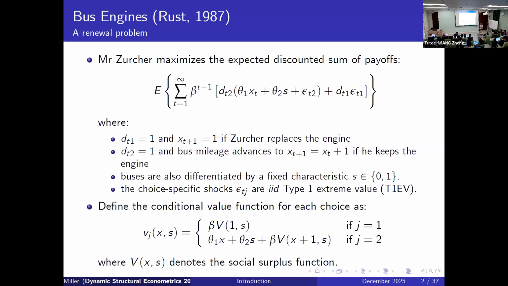And there are going to be some choice-specific disturbances over here, and here, that reflect the fact that econometricians obviously can't explain everything, and what gets left over is treated as an unobserved variable. So if we were talking about a simple logit model, we might imagine that there's no sums here, there's no expectation here. We just have a u plus the epsilon 2 and another u plus the epsilon 1.